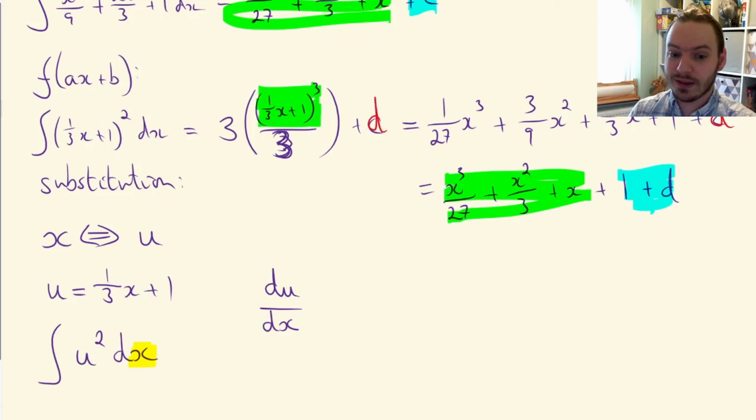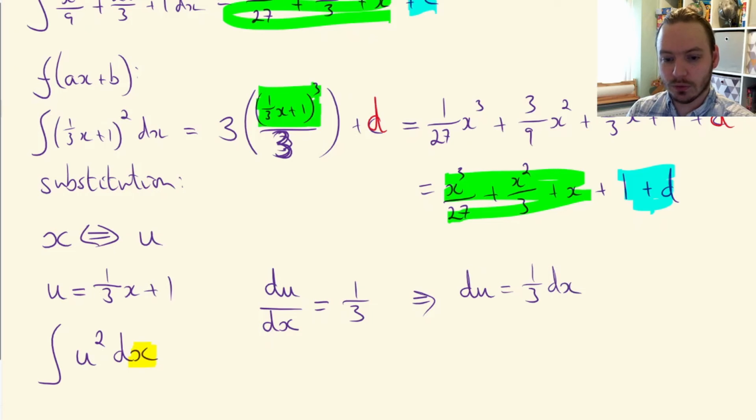And the easiest way to think that through is, well, actually, we can find out what du by dx is. And du by dx is, well, it's 1/3. And if du by dx is 1/3, well, that gives us that du equals 1/3 of dx, or more helpfully, 3 dus is equal to 1 dx.